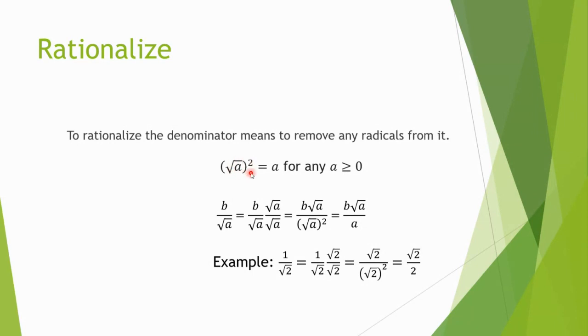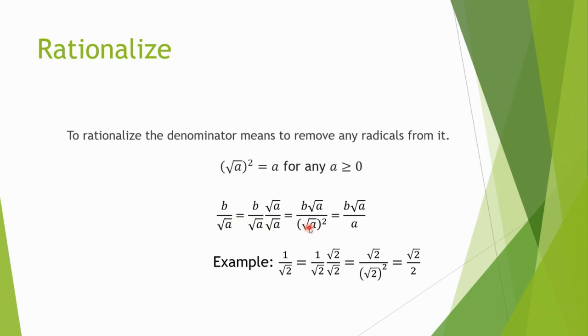So using this, we can eliminate square roots from denominators. You multiply top and bottom by the square root, and then using this property, that square root goes away.